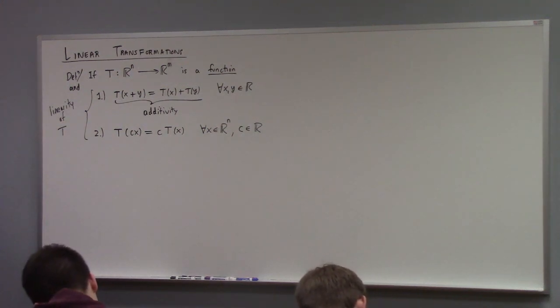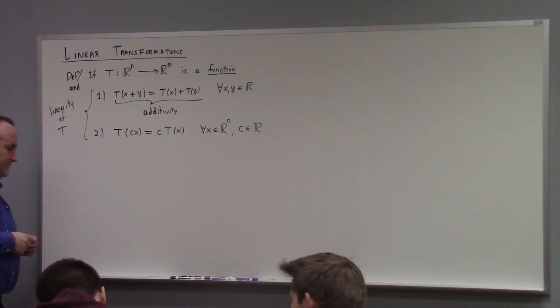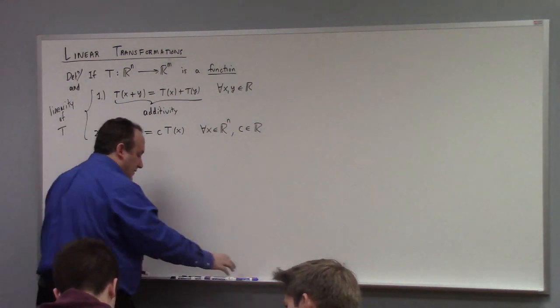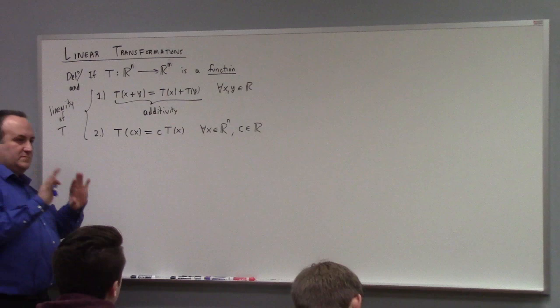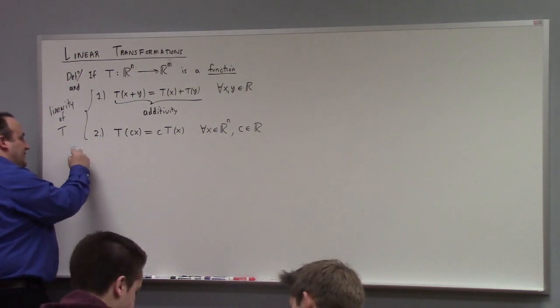Now, for us a linear transformation will be one on column vectors, right? But let me just take a step back here and let's take a walk down memory lane for a minute. What are some other examples of linearity? Can you think of some other examples of linearity?